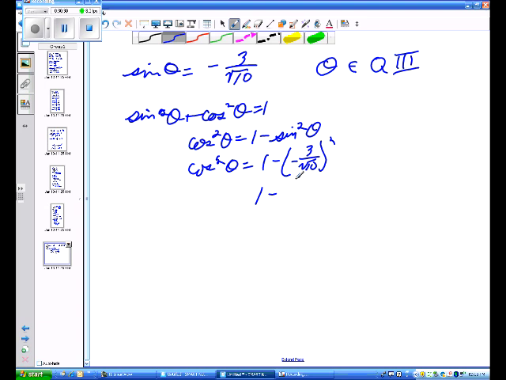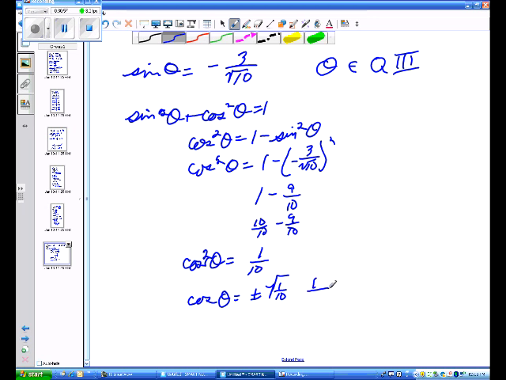A negative squared is a positive, 3 squared is 9, the square root of 10 squared is 10. So we have 10 tenths minus 9 tenths, or 1 tenth. That's what cosine squared is. Taking the square root of both sides, the cosine is plus or minus the square root of 1 tenth, which is 1 over the square root of 10.